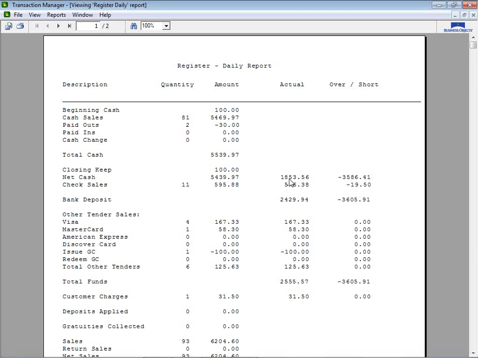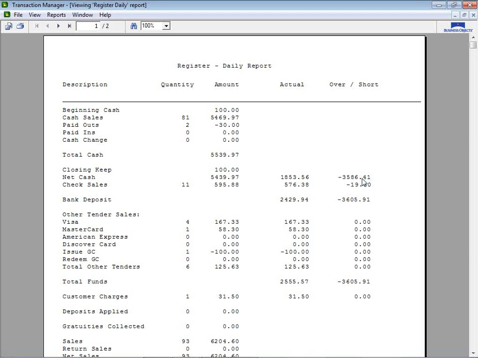Now, on the right-hand side, we're seeing a couple of columns for actual and over shorts. Now, hopefully all of you have been through some of the standard intro demos here and have seen us go through the shift closeout process where we count up the money in the drawer and then print out a report based on what you told us and what we thought you had as to what the over short amount is.